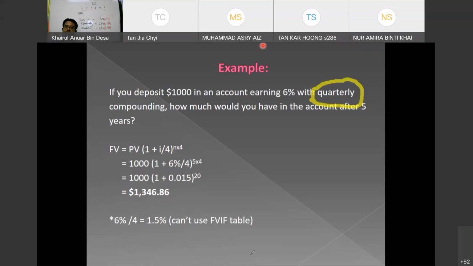Yeah, the amount is different. Why is it different? You can unmute.